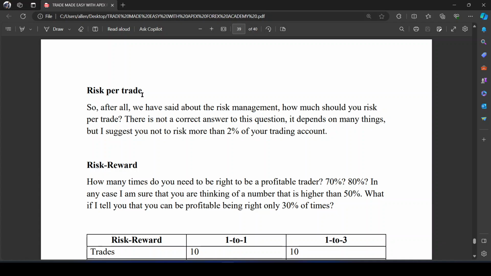This means that if I have a $1,000 account, for example, and based on my risk appetite I'm willing to risk a total of, let's say, 20% of the account, which is $200, right? I want to know how much I will be risking per trade.